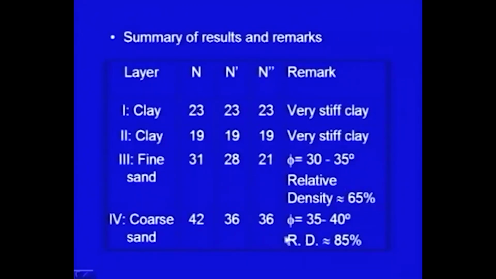The fourth layer has a phi value between 35 and 40 degrees, and the relative density is on the order of 85%. So this information can be used for designing the structures.